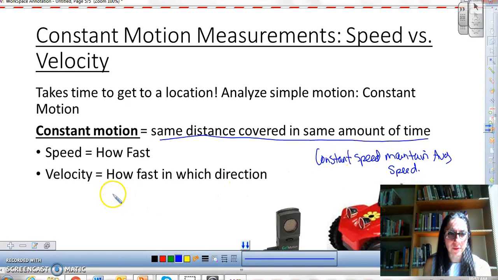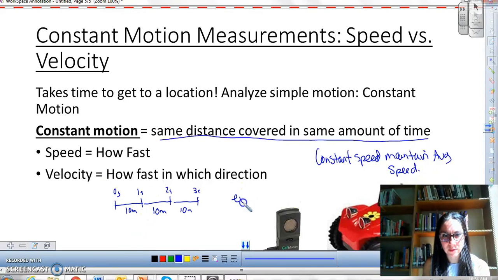So for example, if a car went 10 meters in 1 second, and then 10 meters in the second second, and 10 meters in the third second, you notice that every 1 second, the object goes 10 meters.